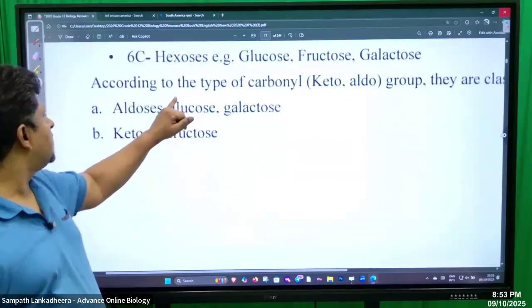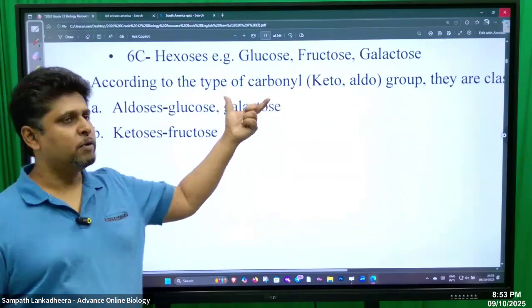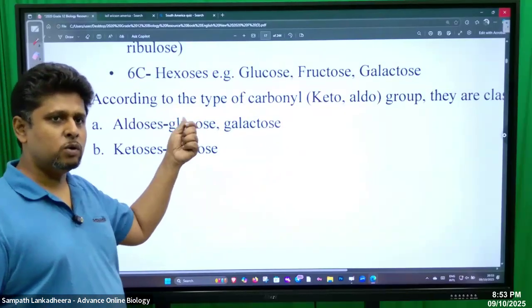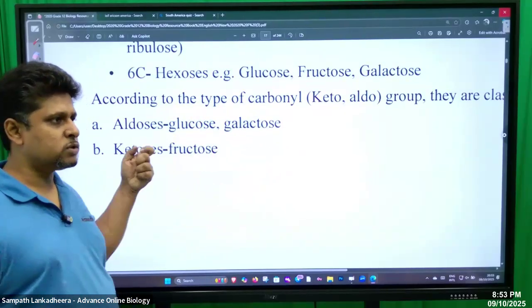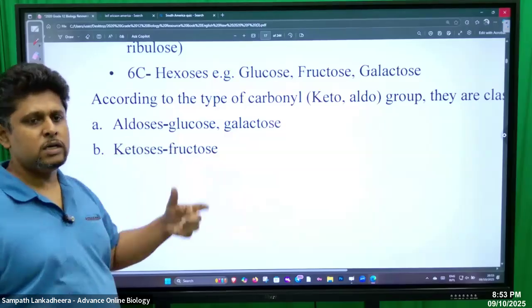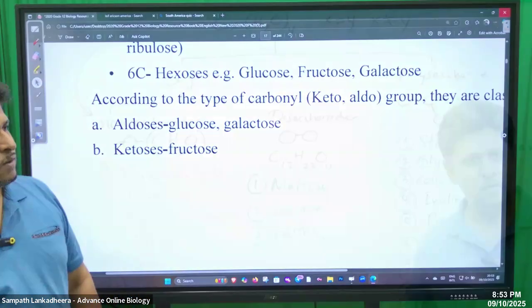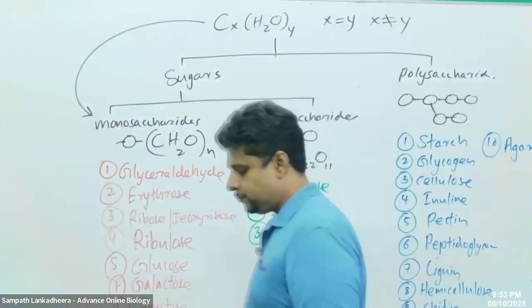And then you learn further, people, depending on the type of carbonyl part, there are 2 types: aldose, where glucose and galactose are aldoses, and ketose, where fructose is a ketose. All right.